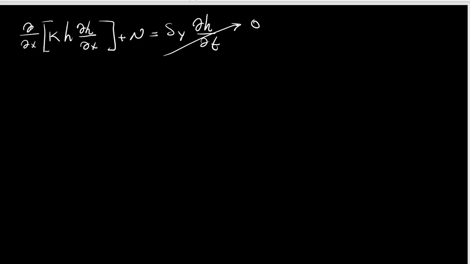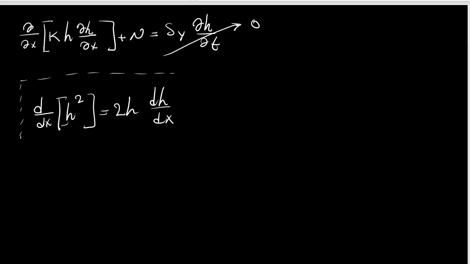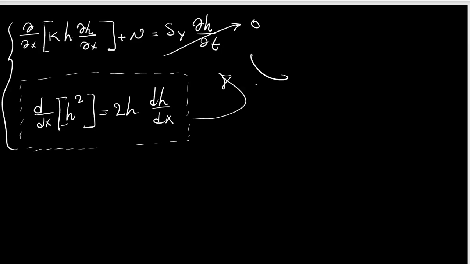Knowing that the first derivative of h squared is 2h partial h over partial x, and using this calculus formula, if I combine these two, I can write this equation.